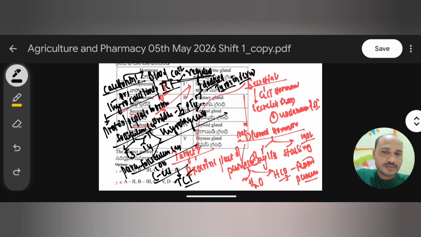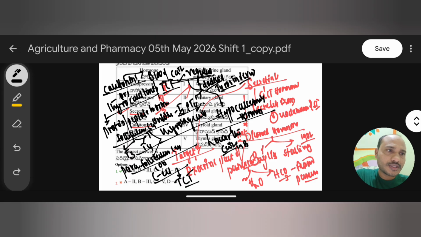Hence calcitonin is also known as a hypocalcemic hormone. Why? Because it lowers the blood calcium level. When there is excess calcium in the blood, thyrocalcitonin lowers the calcium level in blood and sends the excess calcium to the bone.